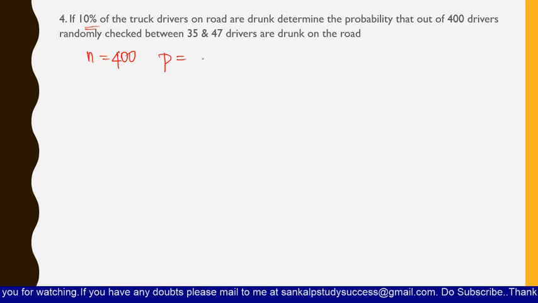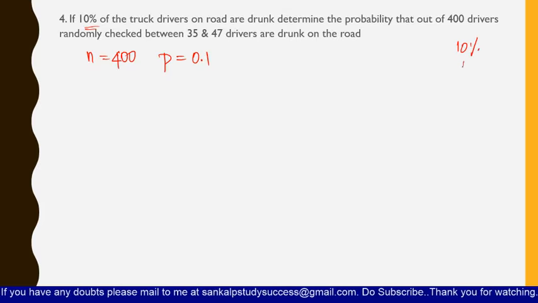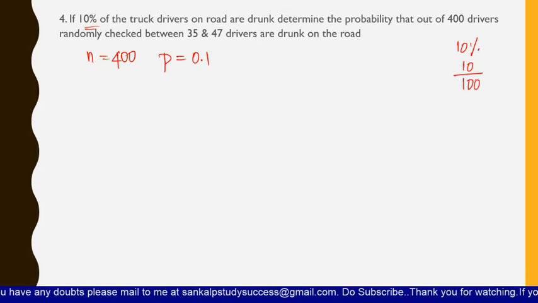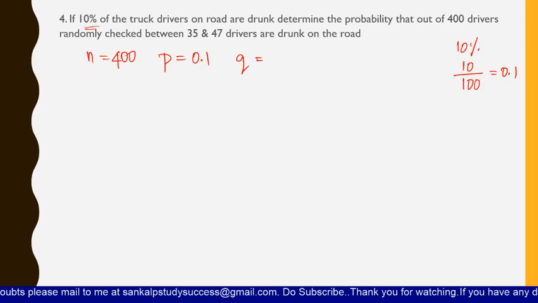Probability of drivers drunk is 0.1, correct? Because it is 10%, that means it is 10 by 100, which is nothing but 0.1, right? And if this is 0.1, then the probability of failure will obviously become 1 minus P, which is 0.9, correct?